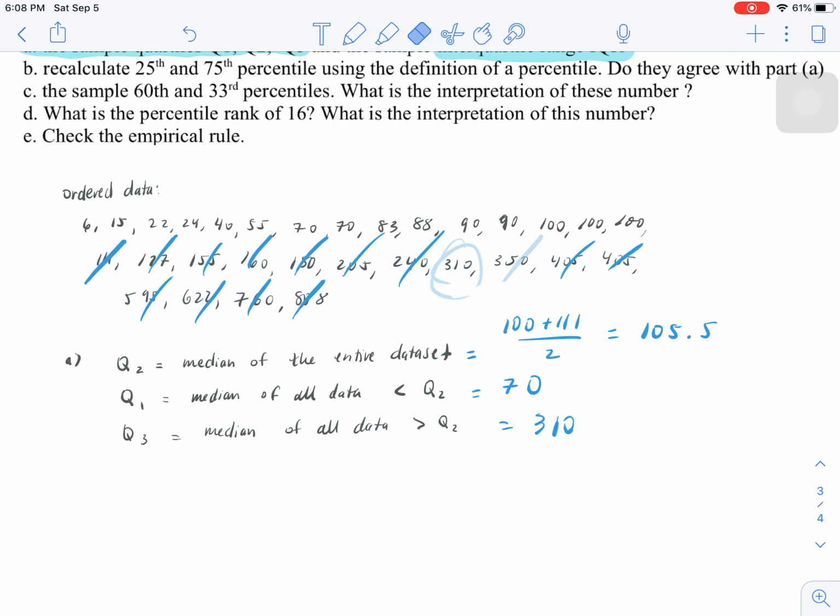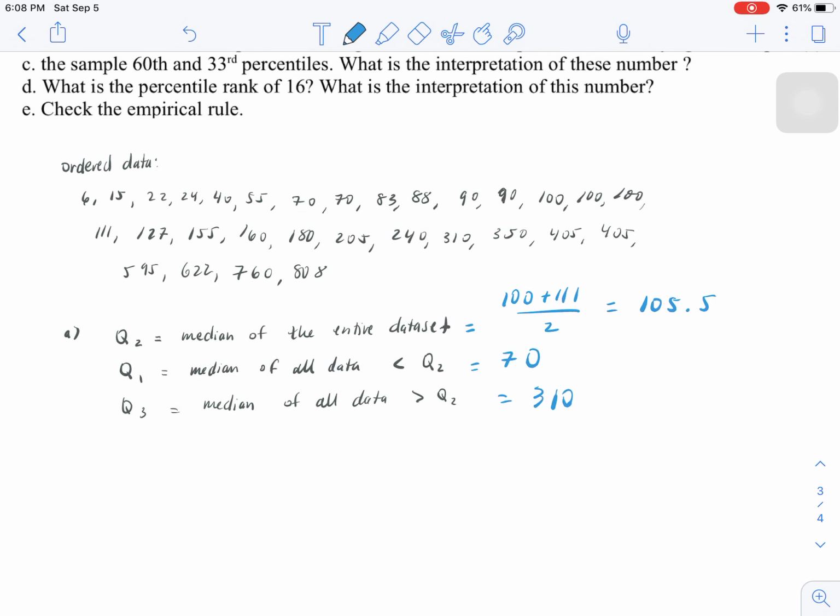So now I have my 3 sample quartiles. And lastly, for part A, we can find our interquartile range. Our interquartile range, or IQR, is simply our largest quartile minus our smallest quartile, so Q3 minus Q1. 310 minus 70 is 240.